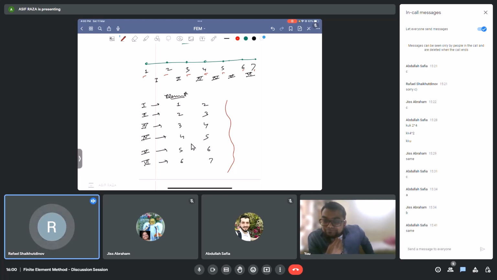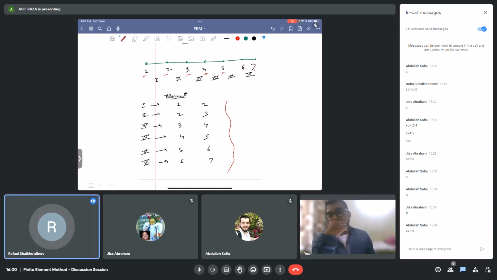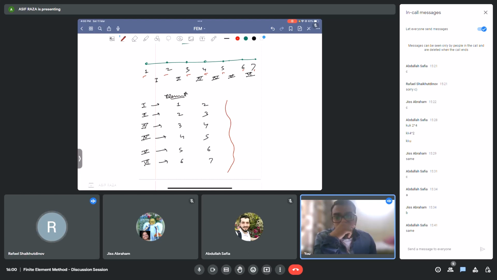The professor said that it is the coordinates of our nodes, so it starts from 0 because the left node is at 0. Okay, that's not the node numbering. No, these are nodal coordinates, coordinates with respect to the global axis. It has written node. Yeah, comment in the comment section.